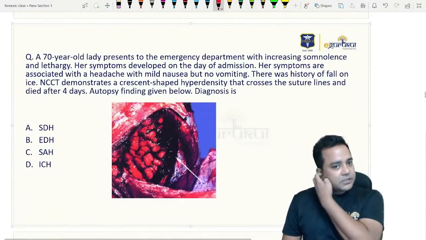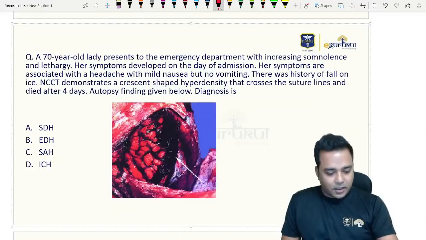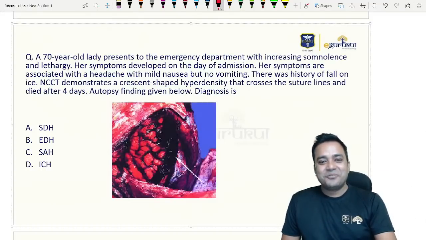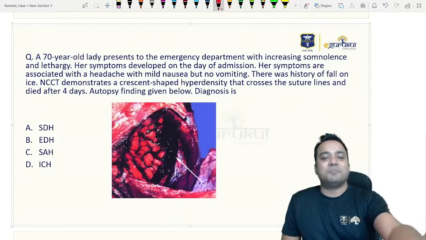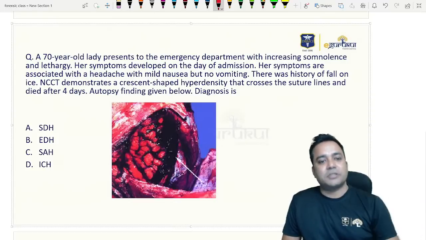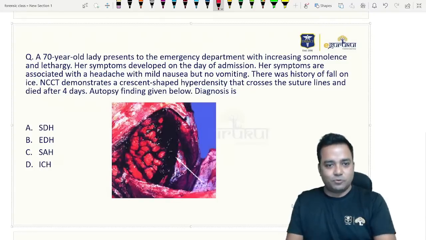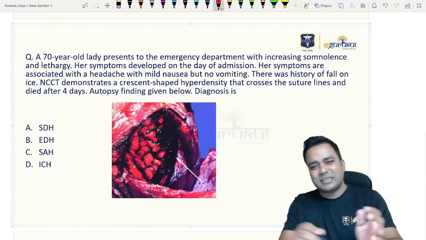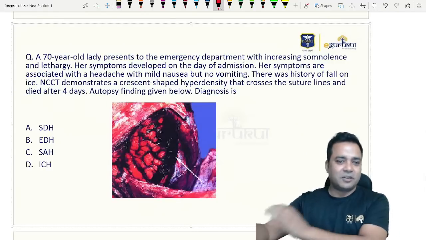Now this was a question which was very simple. Again, they gave everything in the question as per the recalls by the students, that a 70-year-old lady presents to emergency department with increasing somnolence and lethargy. Multiple things were written. 1 kilometer long question.